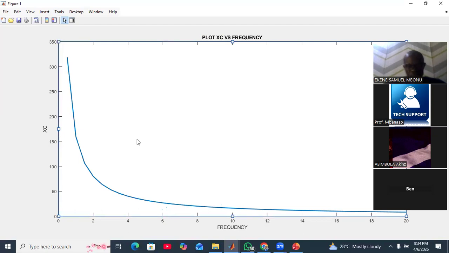So this is the plot of reactive impedance versus frequency.